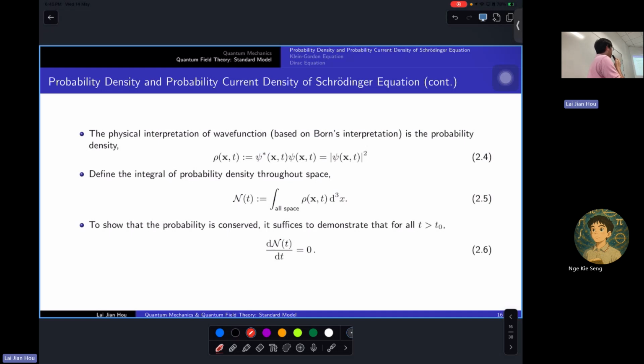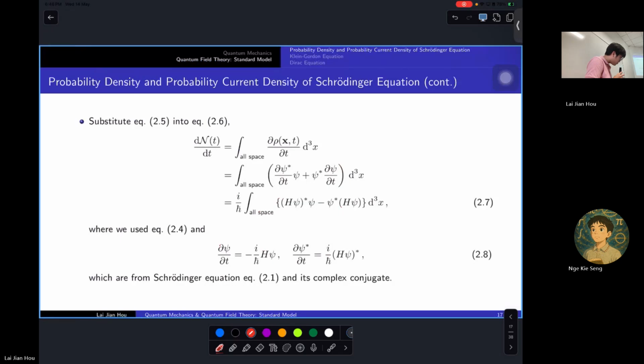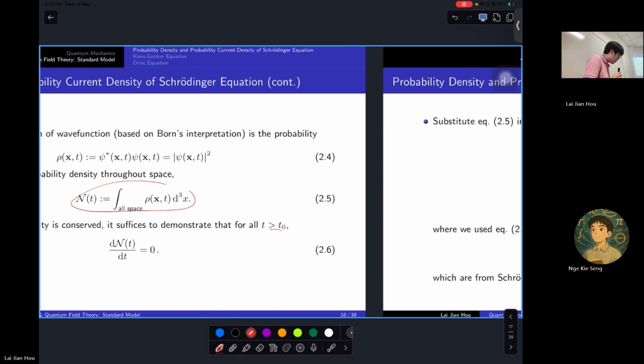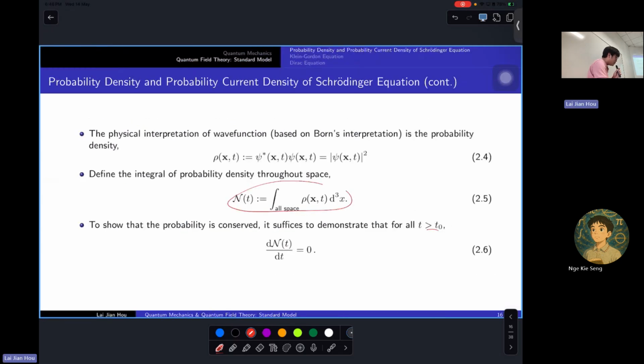It is sufficient to demonstrate that for later t, the rate of change of this integral is equal to 0, which means the total probability is constant with respect to t. It is not changing.